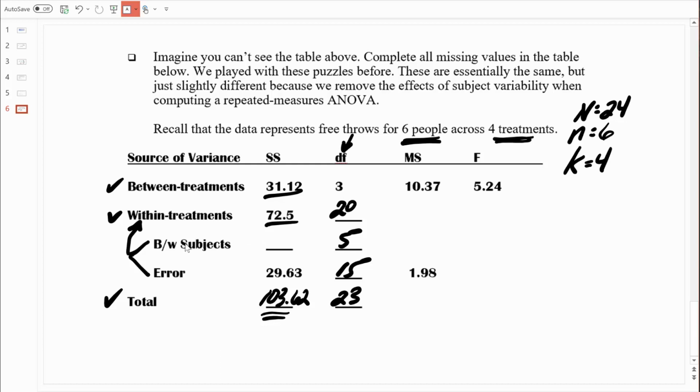And let me remind you, the source of variation between subjects and the source of variation error, they're both subcomponents of within treatments. So for example, degrees of freedom between subjects plus degrees of freedom error equals degrees of freedom within treatments. So this value right here, 29.63, plus this value right here should equal 72.5. So we should be able to take 72.5, subtract 29.63, and find out what this value is.